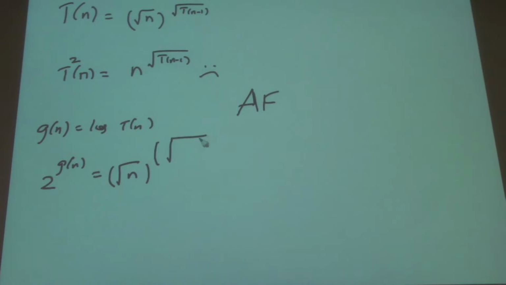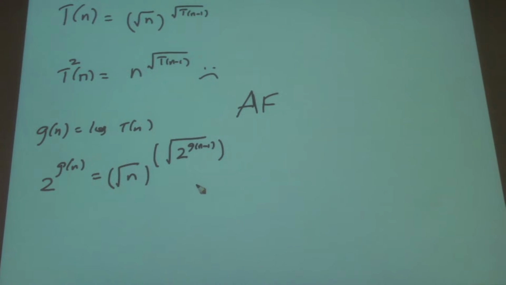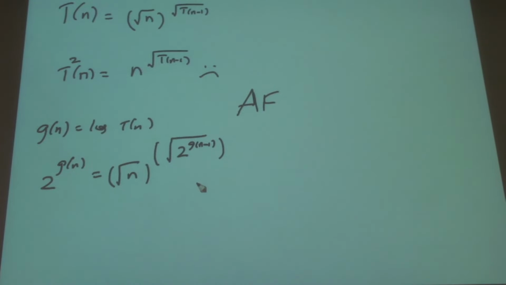Square root of 2 to the g of n minus 1. No, is that right? It wouldn't be 2 to the g of n, would it? Why not? Because g of n is log of T of n. Well, if you log both sides of the original equation, and then you substitute g of n after you do the log.